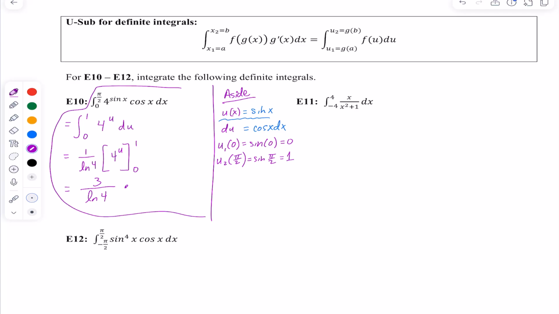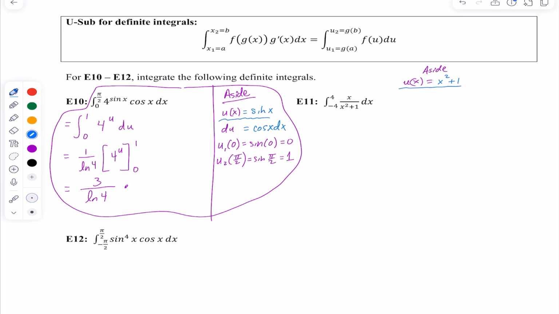So u sub for a definite integral requires you to change the domain values into u's. Let's see another example just to bring clarity to this u substitution. This time I'm going to pick u of x to be x squared plus 1.